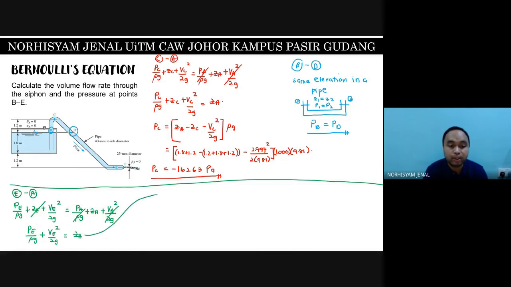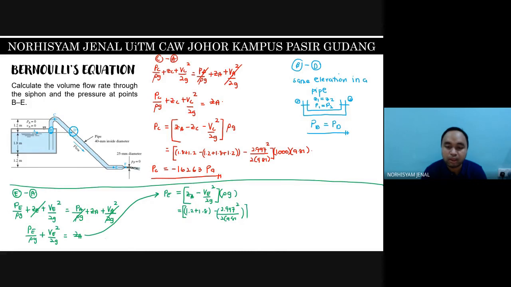So if you bring it up here, the equation for PE should equal ZA minus VE square over 2G, and then the whole equation will be multiplied by rho times G. So equals ZA is 1.2 plus 1.8, minus VE should be 2.997 square over 2 times 9.81.